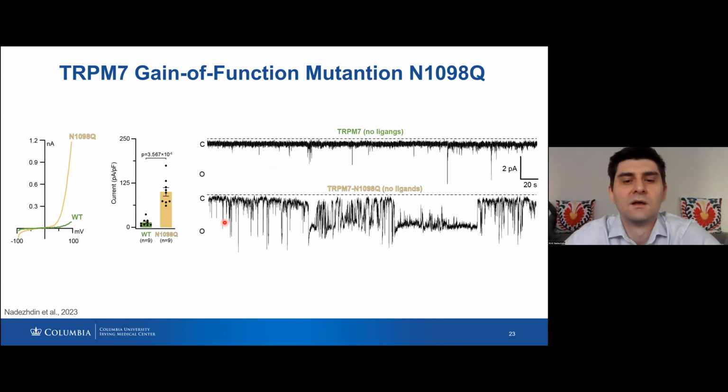But when we introduce this mutation, we can see that the opening is way more frequent. You can see it, and you also have these long stretches of the open channel, for example here, where it stays open for almost 1 minute or even more than 1 minute.